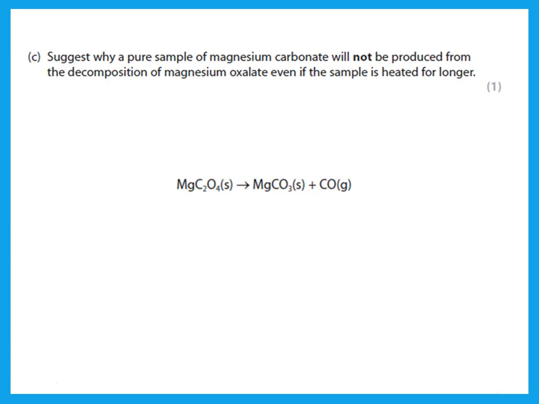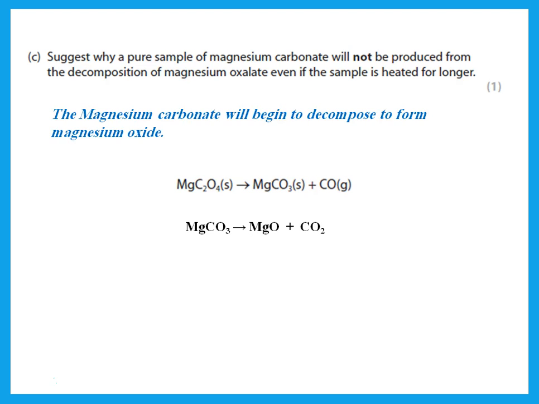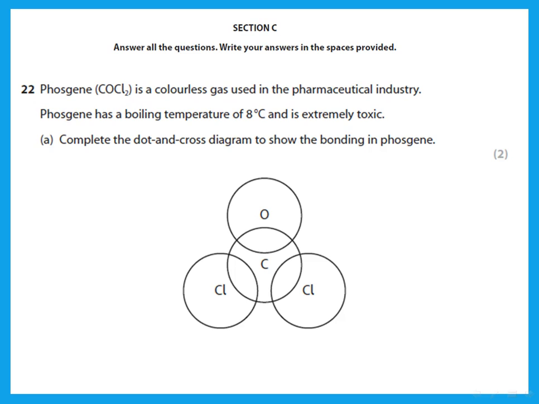This is because if you heat the magnesium oxalate, it breaks down to give magnesium carbonate, but then he said the magnesium carbonate could break down as we continue heating, so I will not be able to get a pure sample of the magnesium carbonate because the magnesium carbonate will begin to decompose and form magnesium oxide.